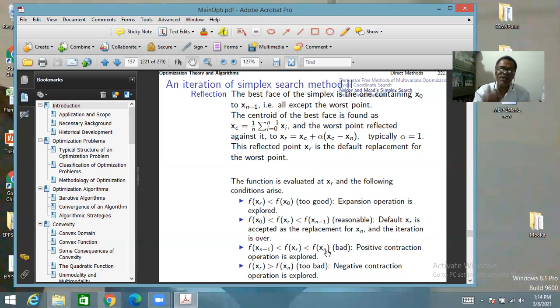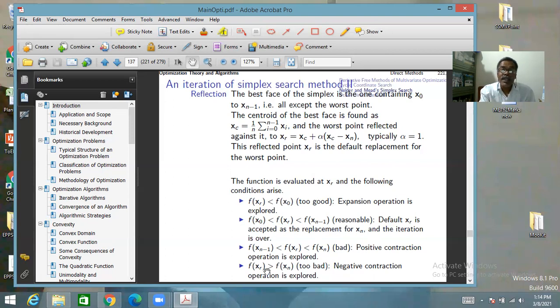And the fellow whom you just now took in, you would like to throw away. So that way, this iteration will not be of great value. So that is why this is not good. So in that case, you say that, well, this direction was perhaps good, but maybe not so far. And then you contract the simplex. Don't go all the way to xr, stay a little inward. I mean, stay a little less, but on this side of the face, on the new side of the face.